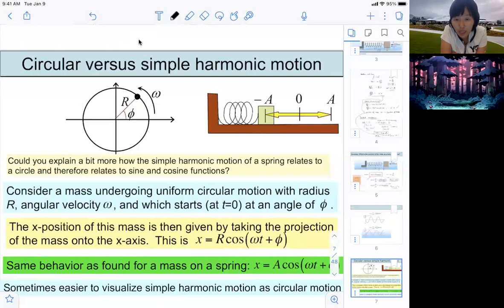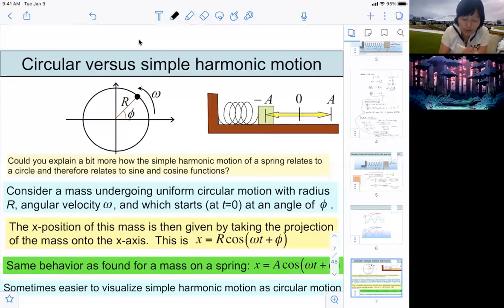At t equals 0, the mass is at an angle phi above the x-axis, and it moves at constant angular velocity omega.